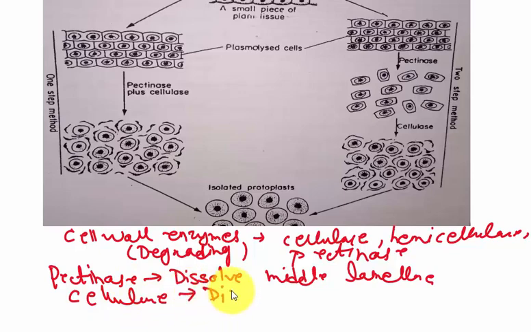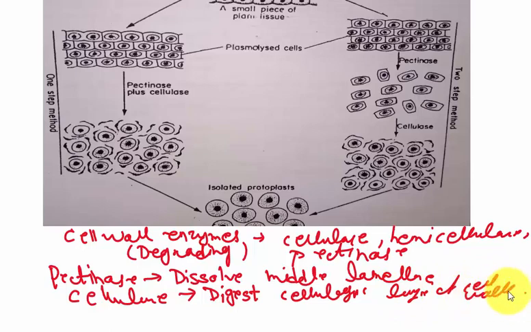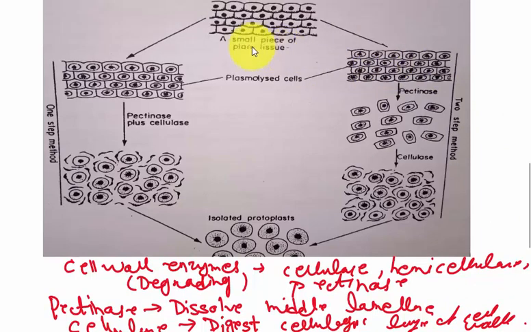This process is known as the sequential enzyme treatment or the two-step treatment. Here you can see a small piece of the plant tissue.